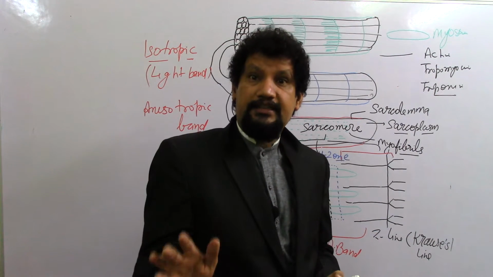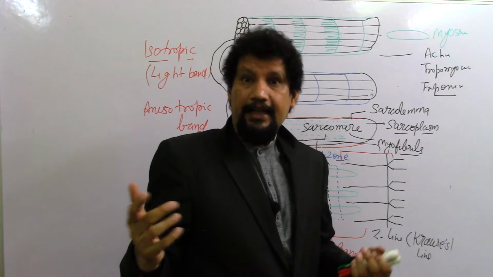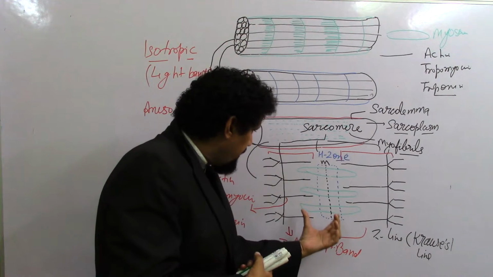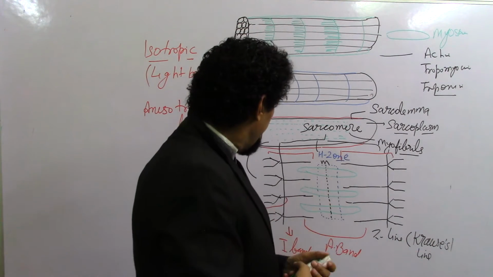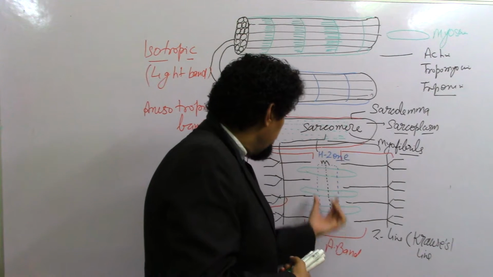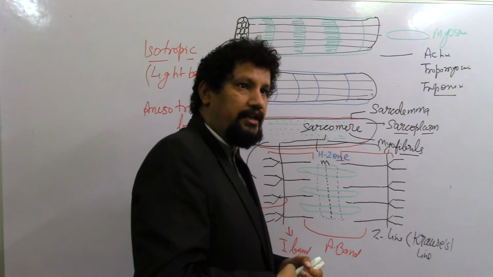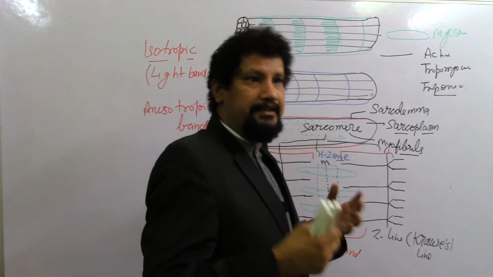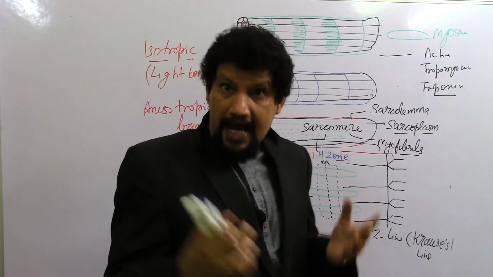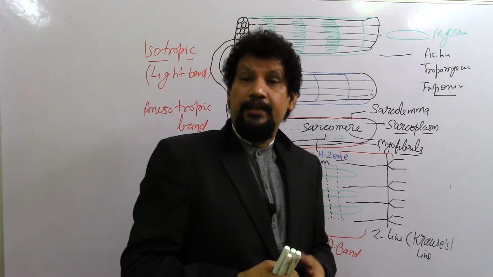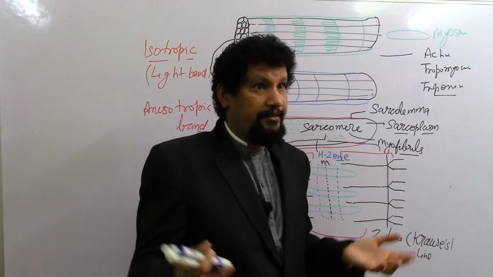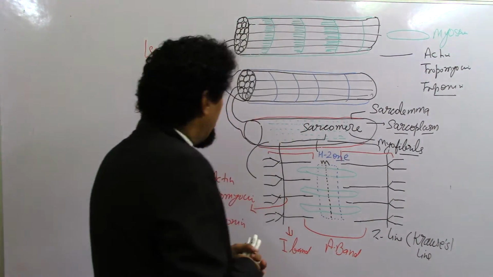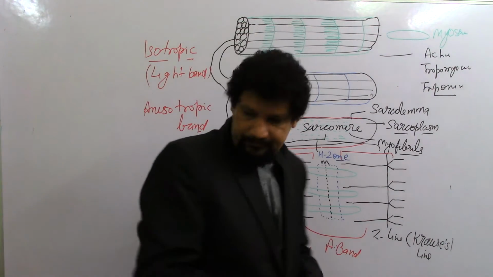There is only sliding of the thick filaments and the thin filaments, and when the muscle is in the contraction stage, we can see this part is darker due to overlapping of thin and thick filaments in the central part, or I can say in the H zone of the muscle, which is comparatively lighter, but during contraction it becomes comparatively darker. So this is the mechanism of muscle contraction.